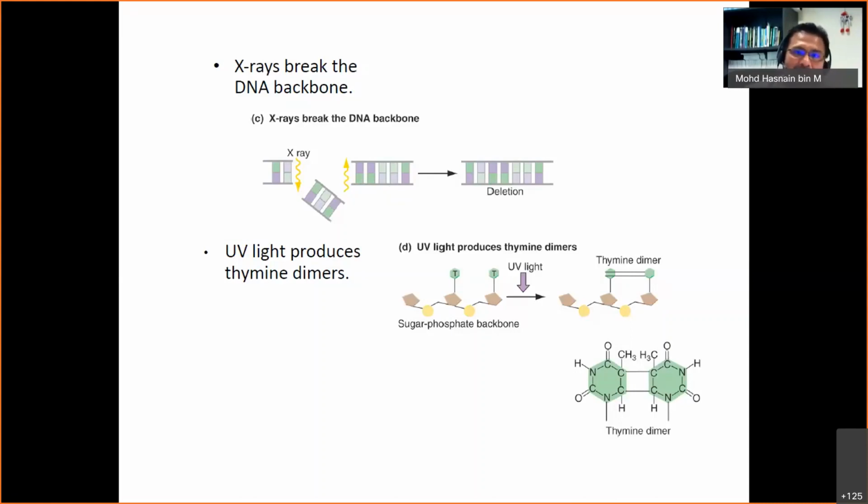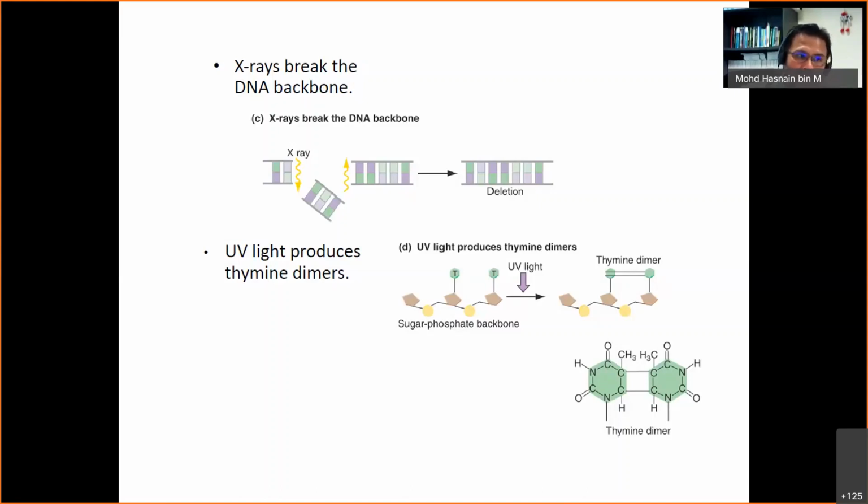So for the X-ray that you undergo when you go to the hospital for your medical checkup or whatever, you do not need to worry, because they have already studied at what dosage and timing of exposure it will not affect the cell and cause mutation, right? So you do not worry about that.